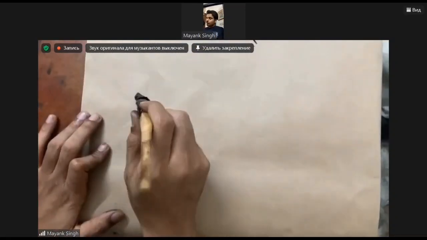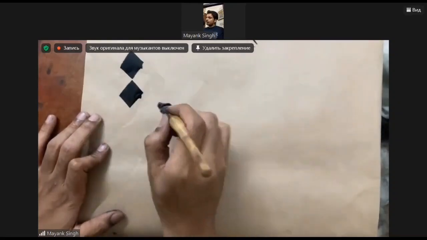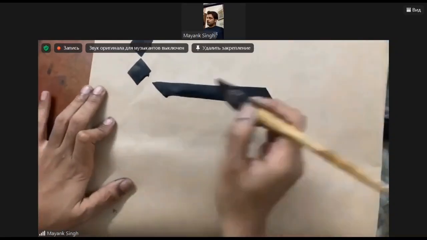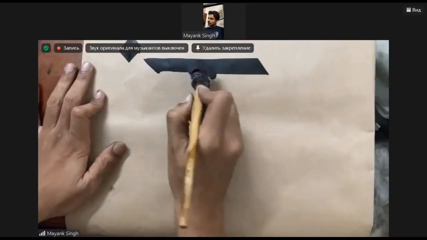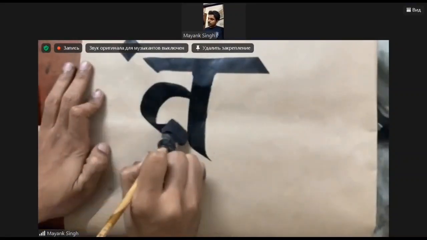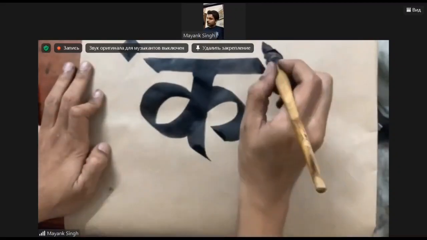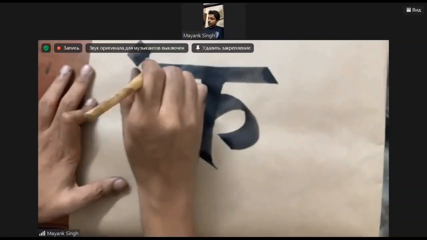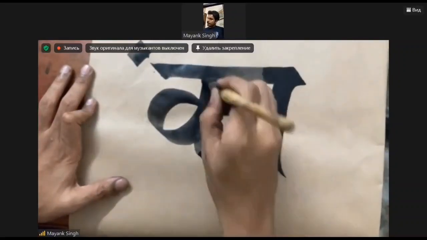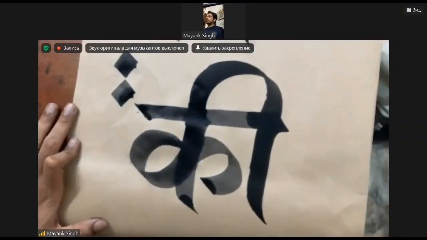So to avoid that, make at least 2 nukta worth space for the matra. So this one I make.